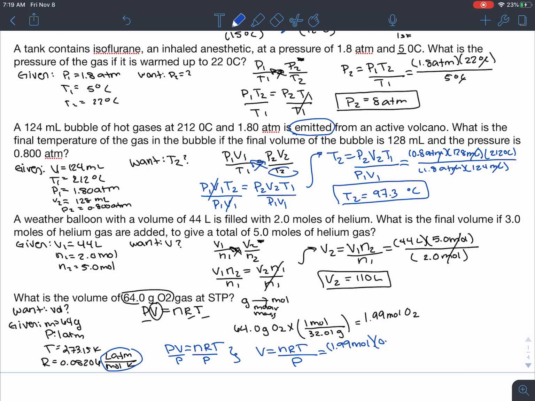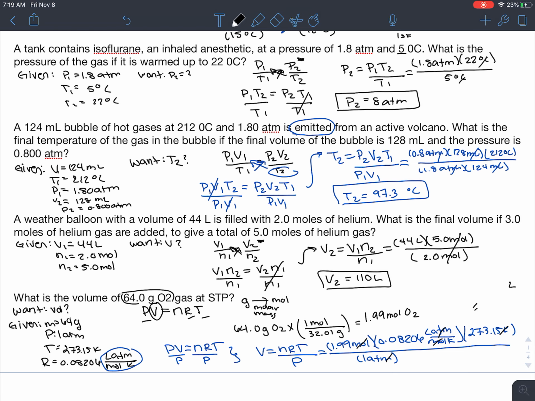1.99 moles times the R constant, 0.08206 liters atmospheres per mole Kelvin, times the temperature, 273.15 Kelvin. And then you divide that whole thing by your pressure, which is 1 atmosphere. I'm totally running out of room, but that's fine. So then you see, all right, let's double check.